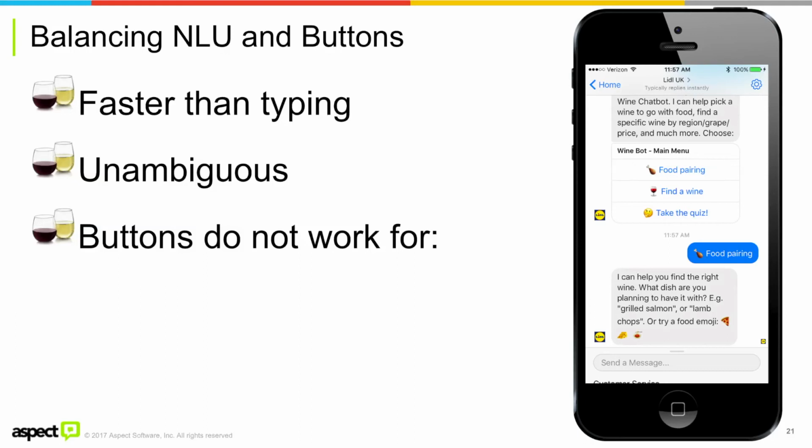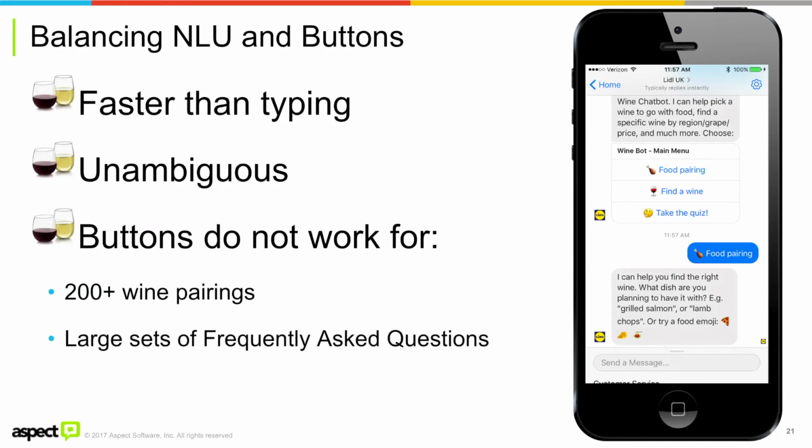But it doesn't work for everything. So we have over 200 different foods that Margot can provide recommendations for, and to go through a menu system or a button system to get to what food you want advice for, that would take forever. Also, for frequently asked questions, the first version of Margot answers, I think, about 15 questions about wine knowledge in general.